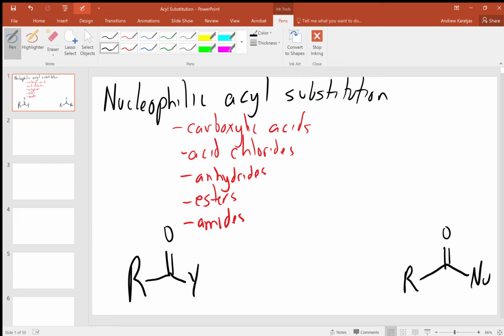Now, even though it looks like it's a direct substitution, it turns out it isn't, and actually takes place in general in two steps. Because recall that SN2 type reactions cannot take place on sp2 carbons, and of course the carbon of the carbonyl is sp2 hybridized.